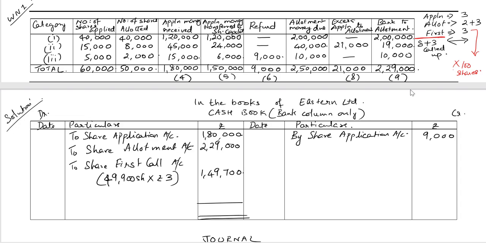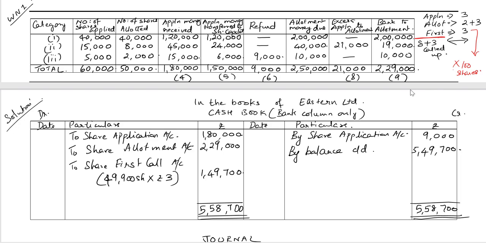We will balance the cash book. 5,58,700 greater total on the debit side. By balance carried down, 5,58,700 minus 9,000 rupees, which is 5,49,700 rupees.